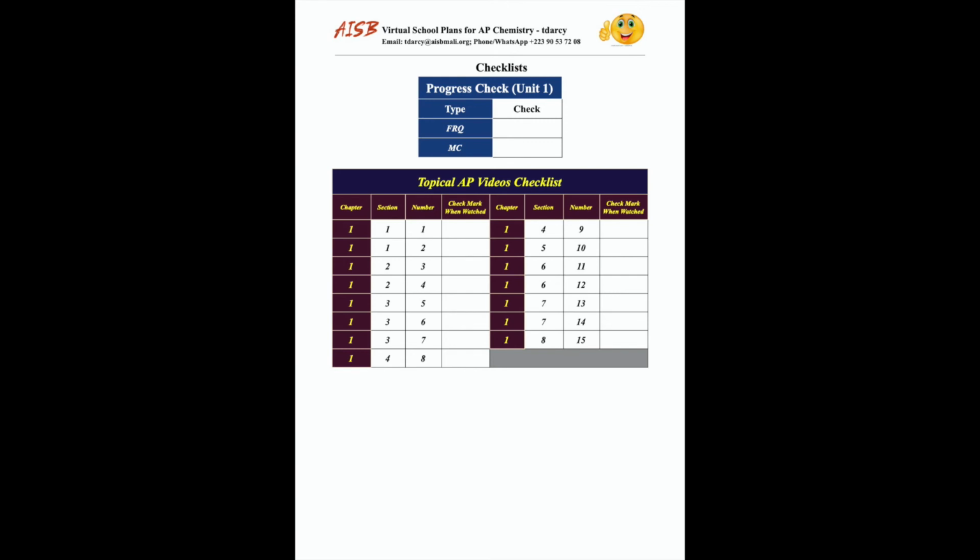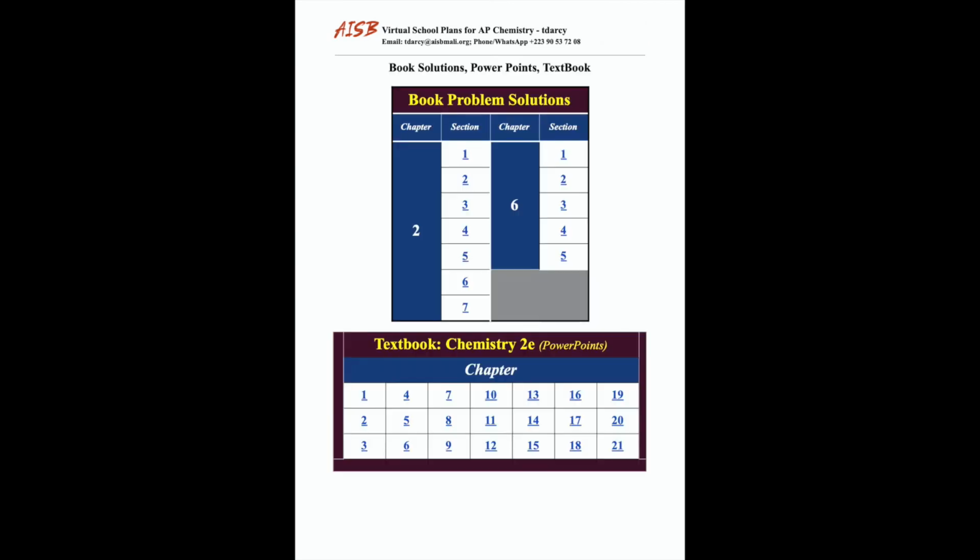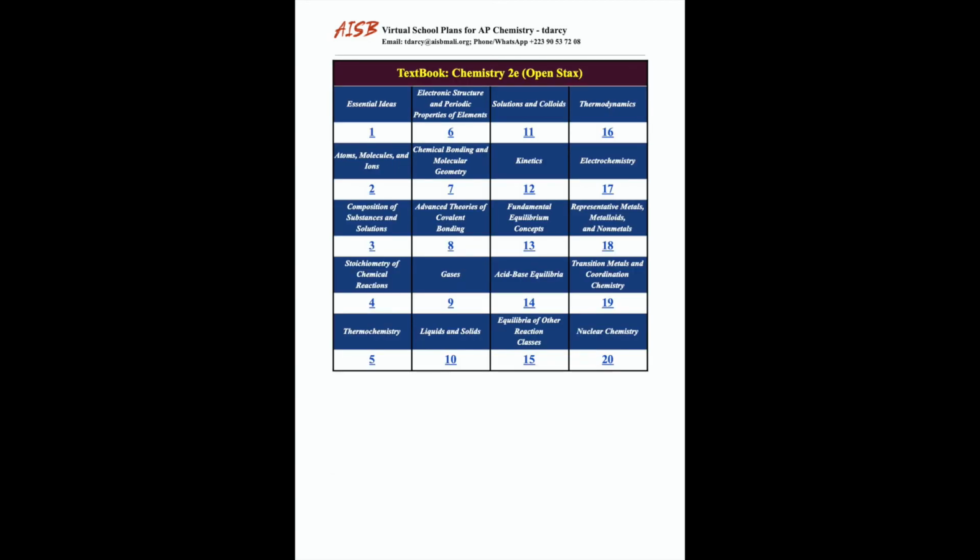For instance, you'll have 2 videos for section 1, 2 for section 2, 3 for section 3, etc. And then on the next page, page 7, here are the book problem solutions for chapters 2 and 6. Beneath that are your PowerPoints that you have to view, and beneath that you can access the text if you want to do everything online.